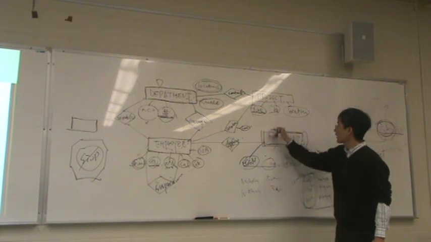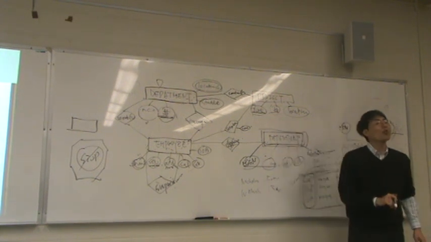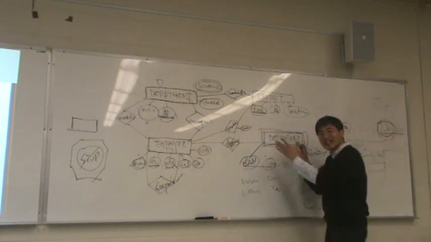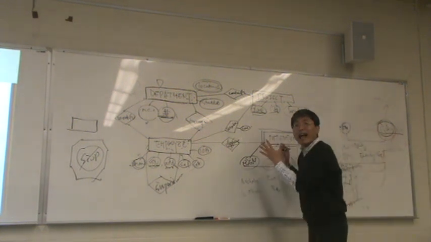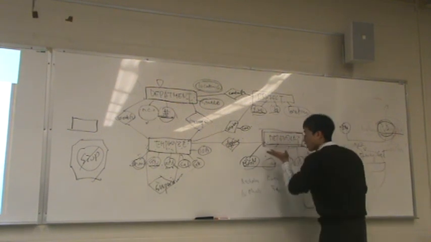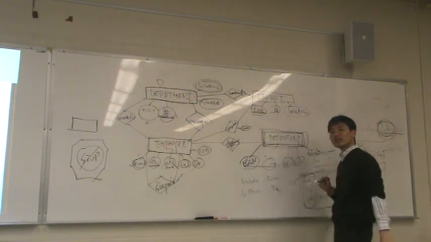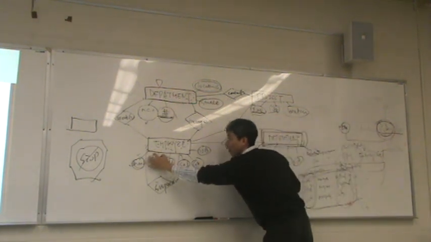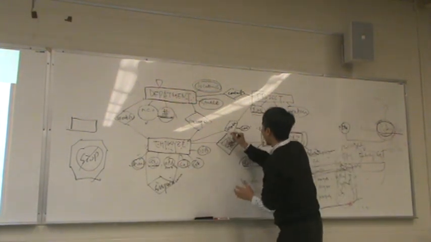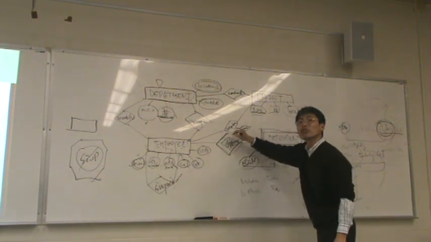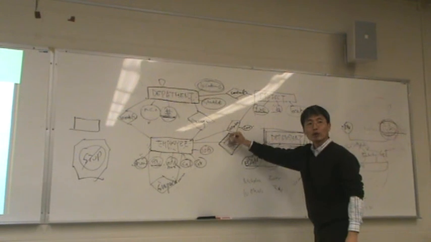This time, this entity is called a weak entity. Weak entity means it does not have a key attribute. Then how can we make such a weak entity into a strong regular entity? Borrow the key of this. At that time we can use what is called an identifying relationship, the double diamond.